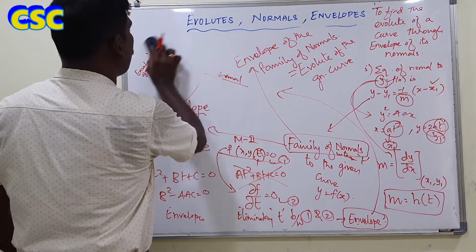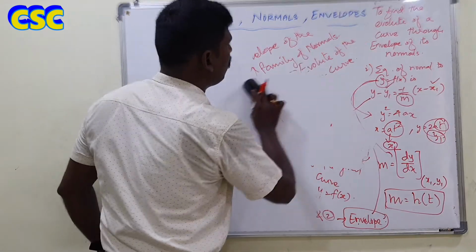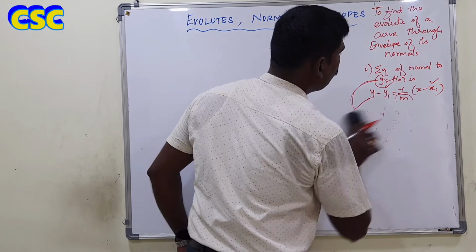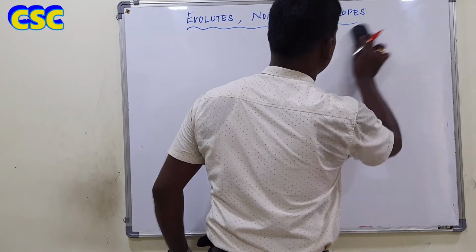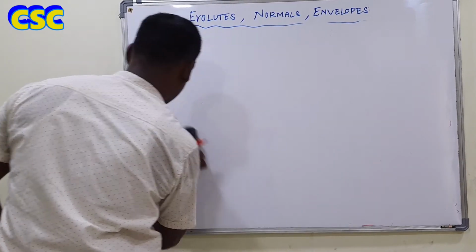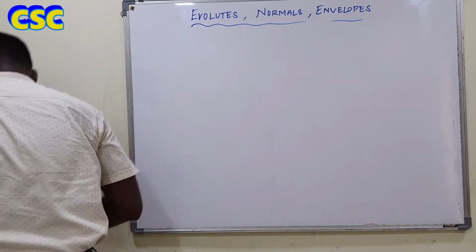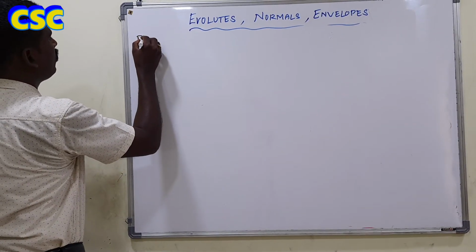Shall we go to the problems? Through the problem, we can clearly understand what the envelope is. Now, first one, the easiest one.